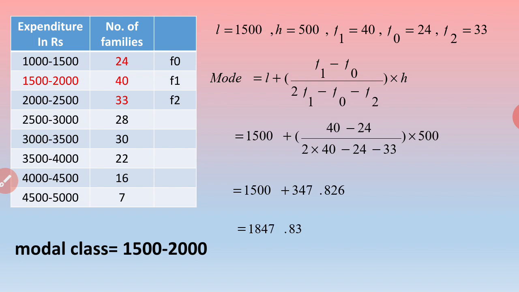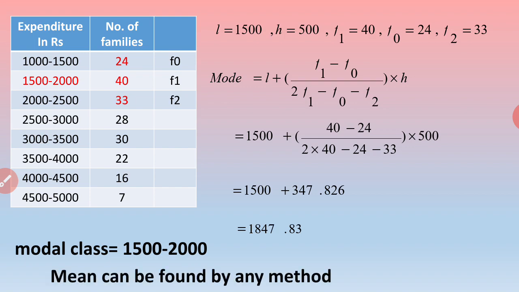So the modal expenditure in this case is 1847.83 for the maximum number of families. Regarding mean, we have already studied about mean and we know three methods of finding the mean. Any of the methods can be used to proceed.